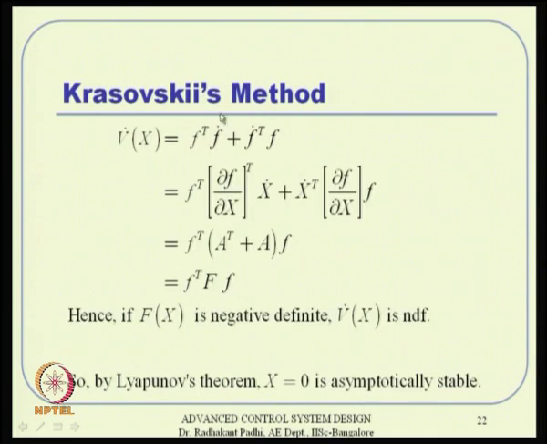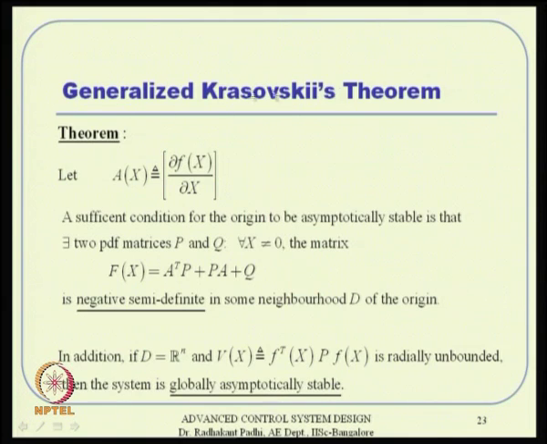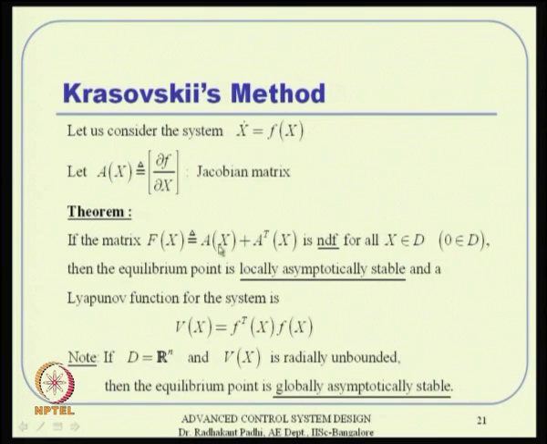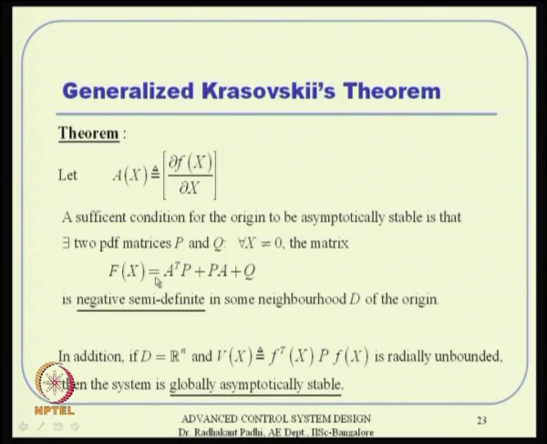That leads to Krasovskii's generalized theorem, which tells you that you still evaluate this A of x the same way. Then you construct F of x not just as A plus A transpose, but as A transpose P plus P A plus Q, with two positive definite matrices P and Q that you select along the way.